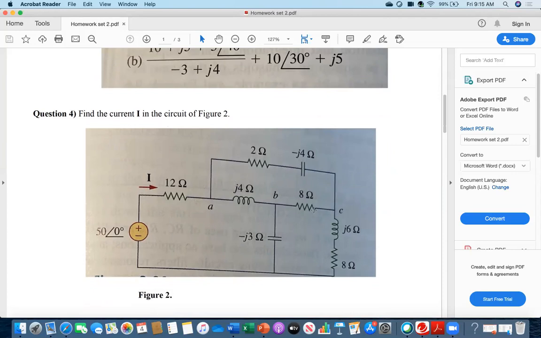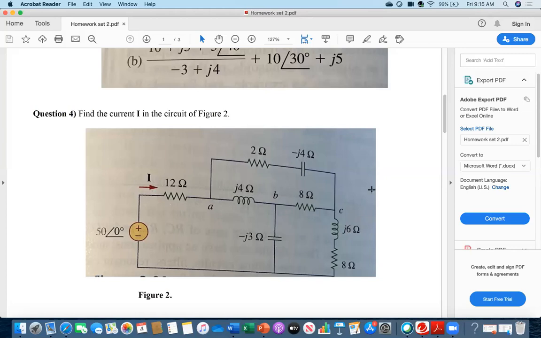Already everything is given in phasor quantity. As you can see, minus j4, minus j3, j6, j4, and of course these all are the resistances. So everything is already expressed in the phasor domain. Now find out this current.